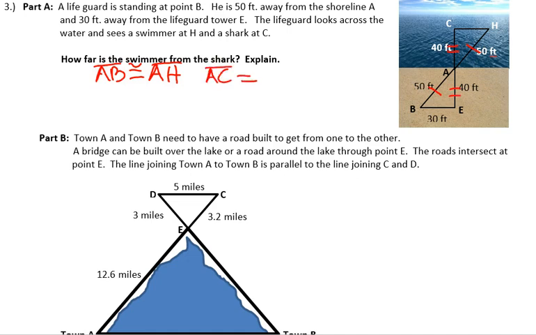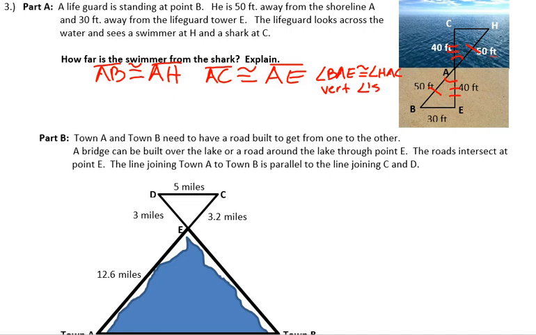And I know that this angle right here is congruent with this angle. So I know angle BAE is congruent with angle HAC because they're vertical angles, right?